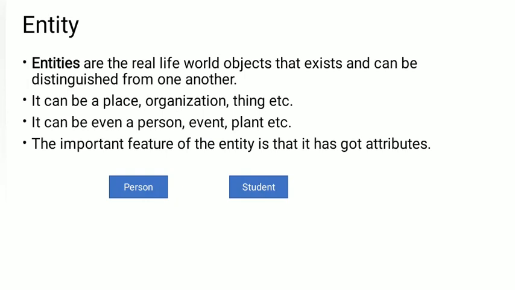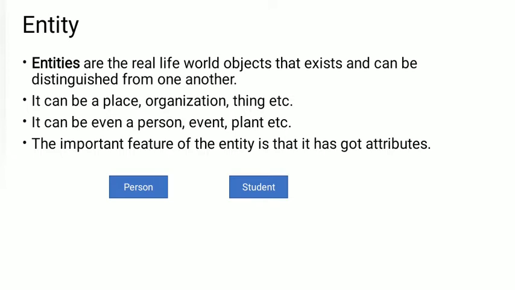Now, what is an entity? Entities are the real world objects that exist and can be distinguished from one another. It can be a place, organization, thing, etc. It can even be a person, event, plant. The important feature of the entity is that it has attributes. The best example of an entity is the person entity.